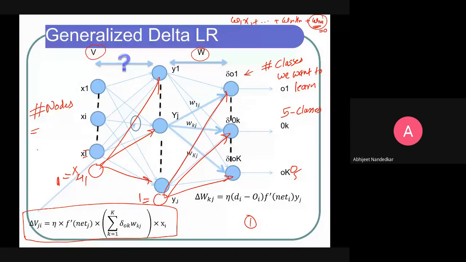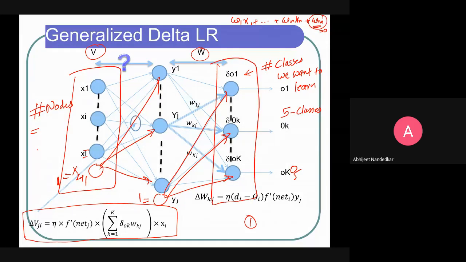Now, I hope you got the idea of the input layer and output layer. The number of nodes on the input side equals the number of features that you are using for your problem.